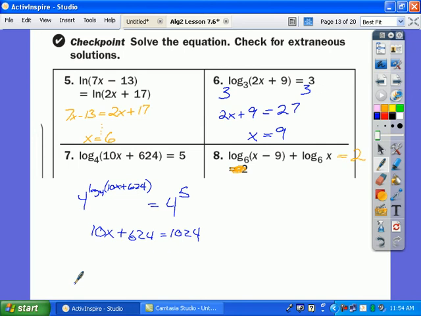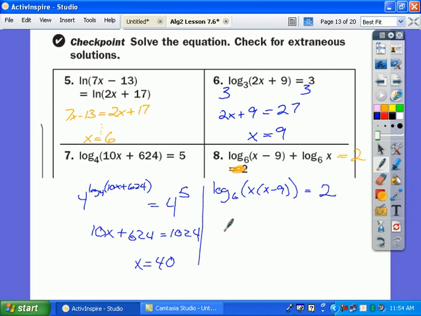The last problem, that's the meat of this section. This is going to be a harder one. So the first thing we want to do is apply our properties. So our properties say I can combine these 2 logarithms as 1, so this is log base 6 of x times x minus 9, and that just equals 2. And now I'm going to exponentiate this, and so the base is now going to become 6, so this would be 6 to the log base 6 of x squared minus 9x equals 6 squared.